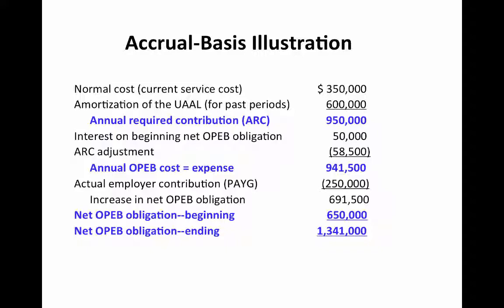In this example, at the beginning of the period, they had a net OPEB obligation of $650,000. That's going to increase by the difference between the annual OPEB cost and the actual employer contributions of $691,500. So at the end of the period, what is reported in the financial statements as the net OPEB obligation is $1,341,000.